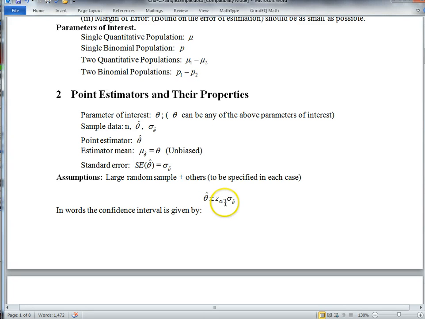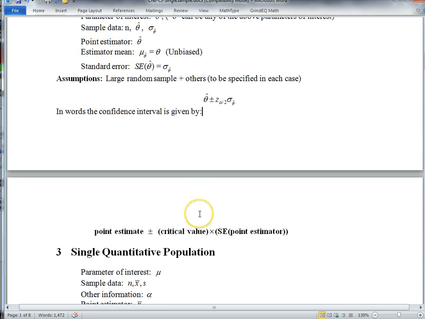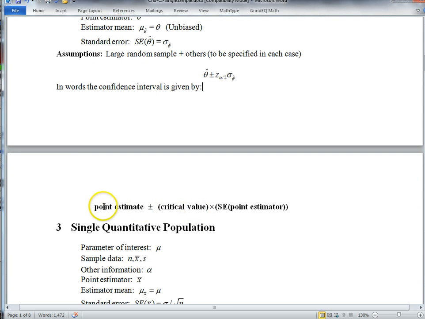And that's multiplied by the standard error of theta hat. So this is how we construct confidence intervals: the point estimate plus or minus the critical value times the standard error of the point estimator. If you remember this, it's always going to work for you. This will always be either a Z, as in this case, or a T.